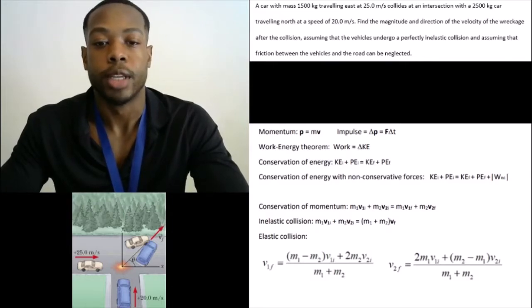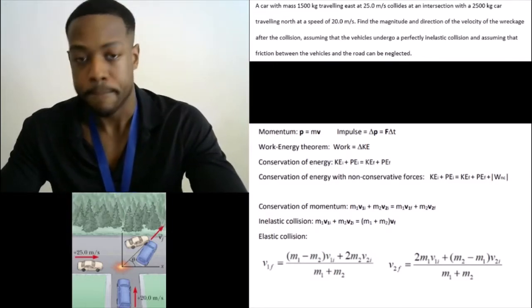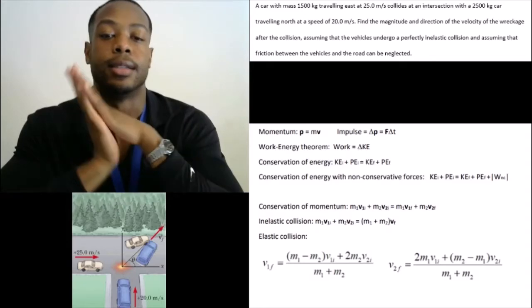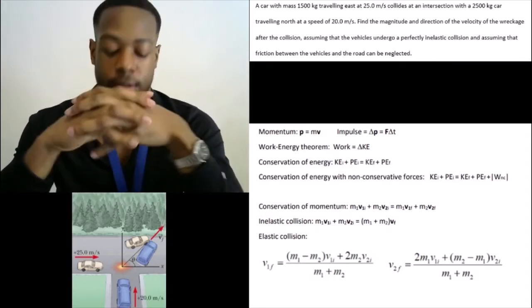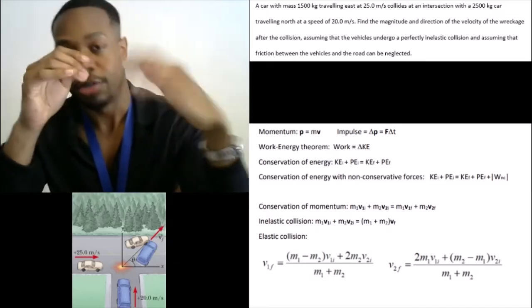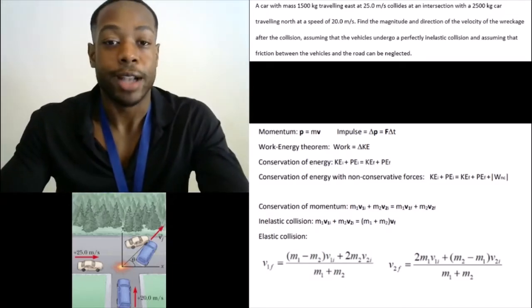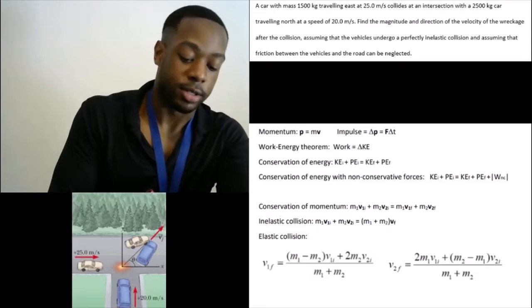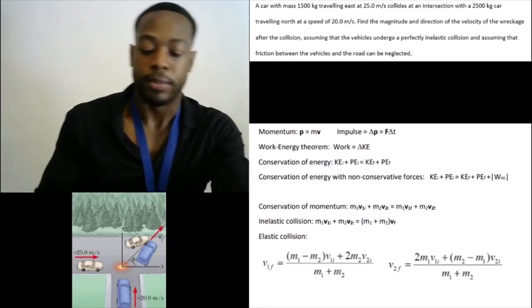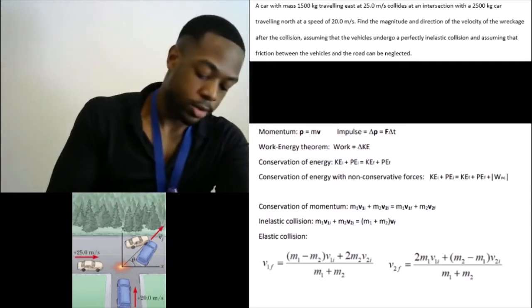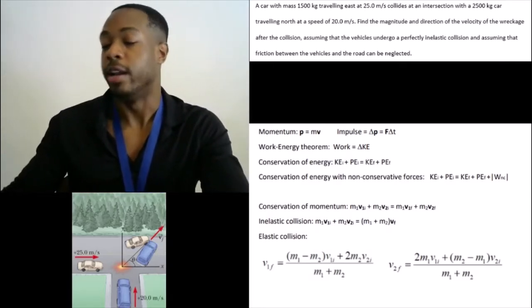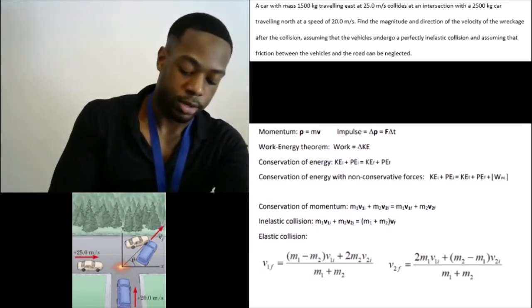So here's the idea, right? We've got two dimensions, x and y. And what did I say in the last question? We want to keep the x's and the y's separate, right? So let's write it again for the y components.